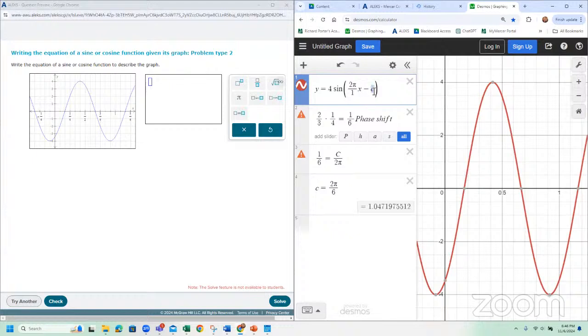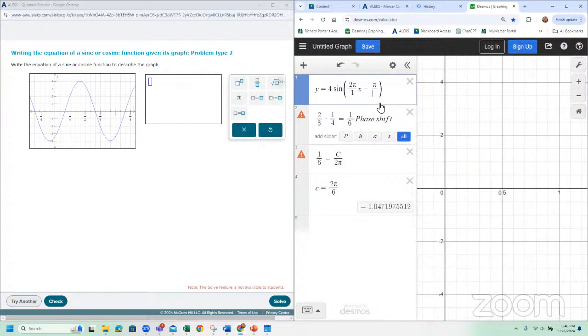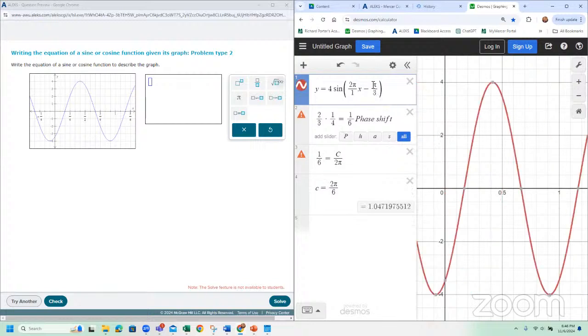Okay, so what did we say? That was pi over 3. Okay, so that's the answer that I want to type in there. It says, write the equation as I described.